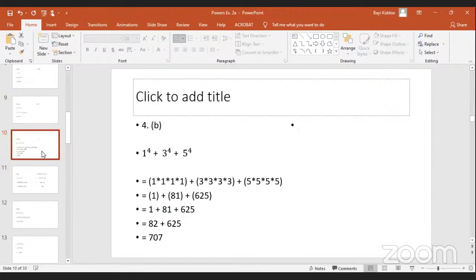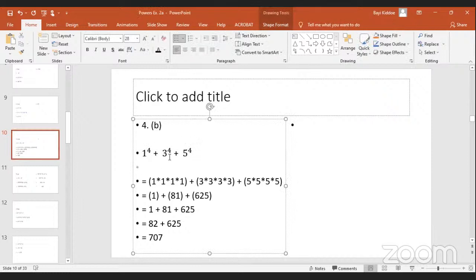Now, this is a bit different as well, because now we're finding the powers of the numbers, the answer when you put the numbers to certain powers, but we're also adding whatever answers we get. So 1 to the 4 is the same thing as 1 times 1 times 1 times 1, because 1 to the 4 is 1 times itself 4 times, plus 3 to the 4, which is 3 times itself 4 times, plus 5 to the 4, which is 5 times itself 4 times.